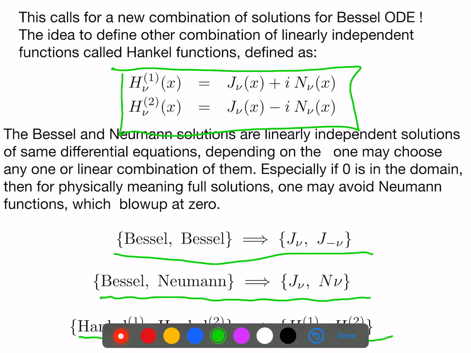One has to make a judicious choice of which solution to use. However, this idea is very common in terms of the harmonic function too. We can use sin x, cos x, or e power i theta, or e power ix, or e power minus ix. With a similar idea, we have a Bessel, Neumann, and Hankel function.